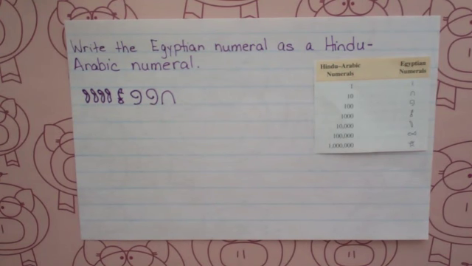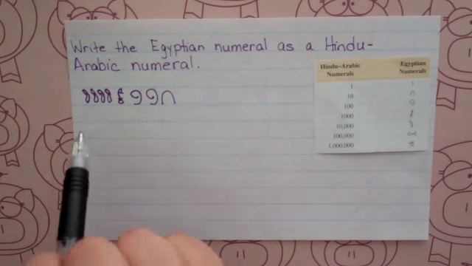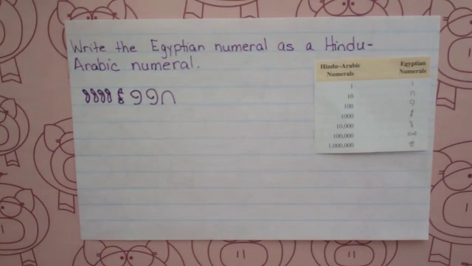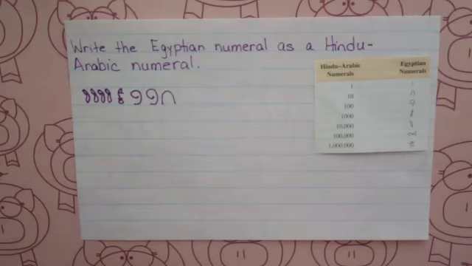The first one we're going to look at is the Egyptian numerals. The first example we have here is we want to write this Egyptian numeral, and pardon my drawing of these symbols. As you can see, I can't draw. We want to take this Egyptian numeral and rewrite it as a Hindu-Arabic numeral, which is what we know as a number, like I said, the 123.